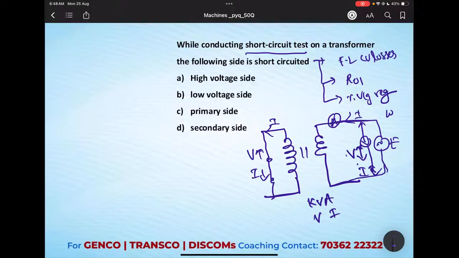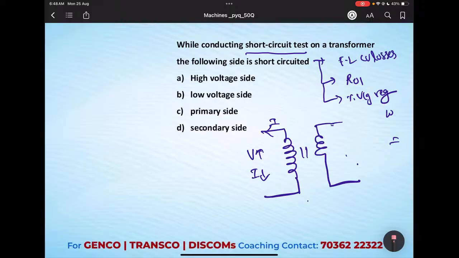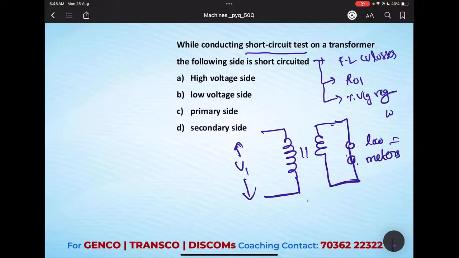Okay, so in order to do the testing efficiently, we will prefer short circuiting at LV side. What are the different advantages you are getting if you short circuit at LV side? Meters required will be low rating meters.